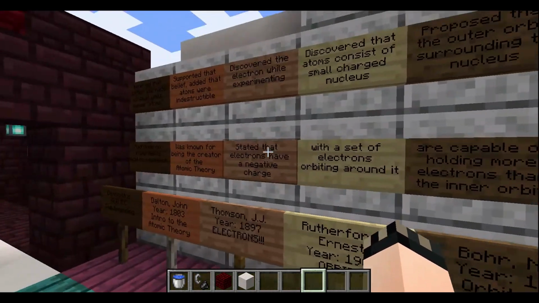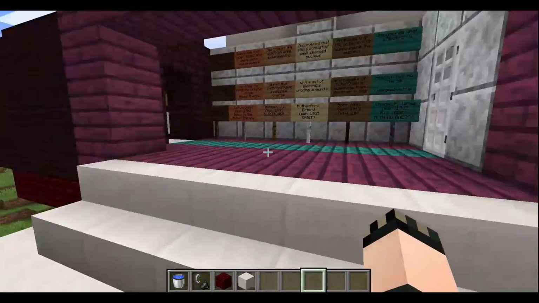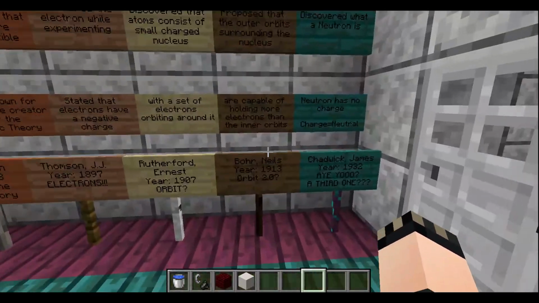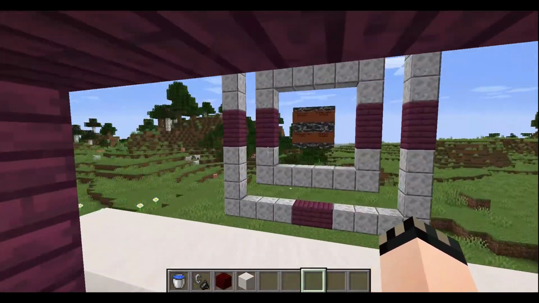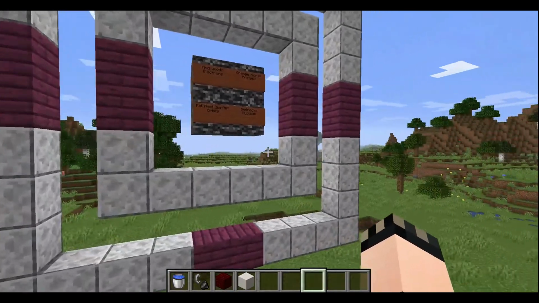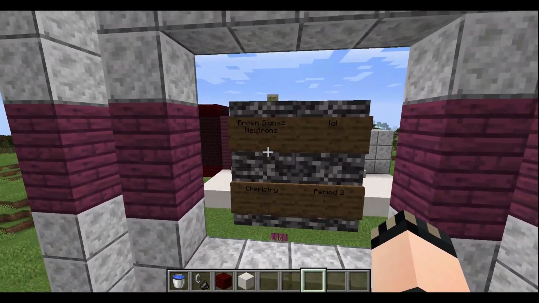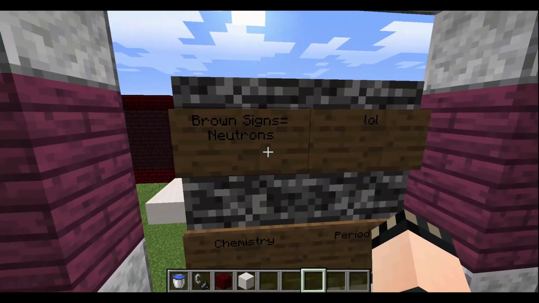So, unlike the electron and the proton, this one has no charge. And you may be asking, where is this neutron of this atom? Well, it's also in the nucleus.